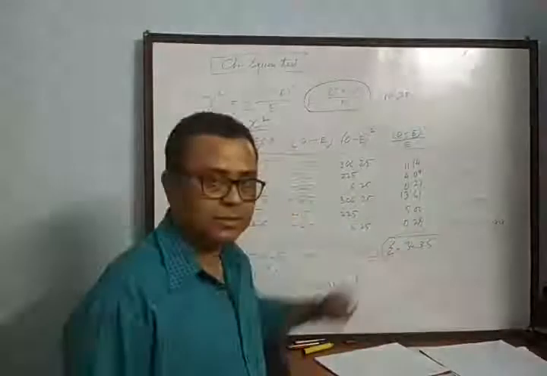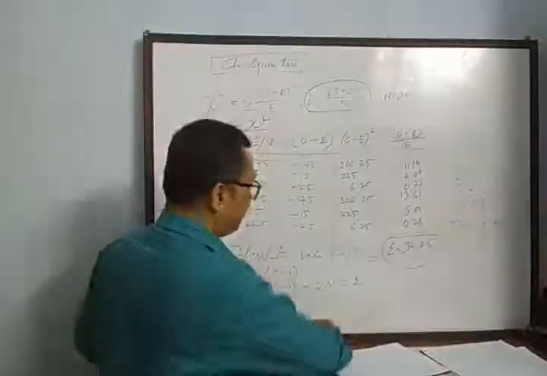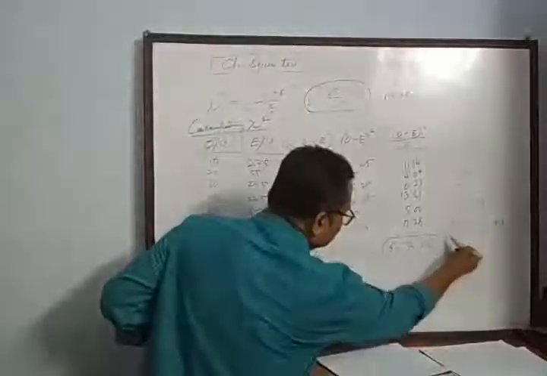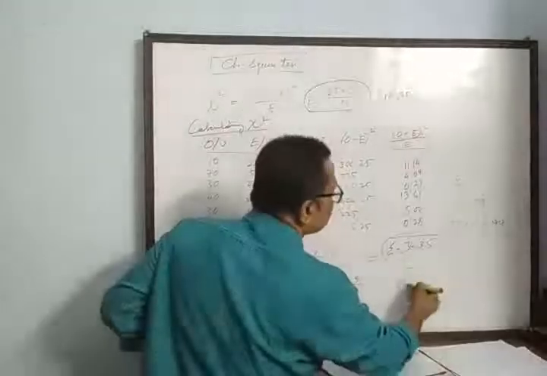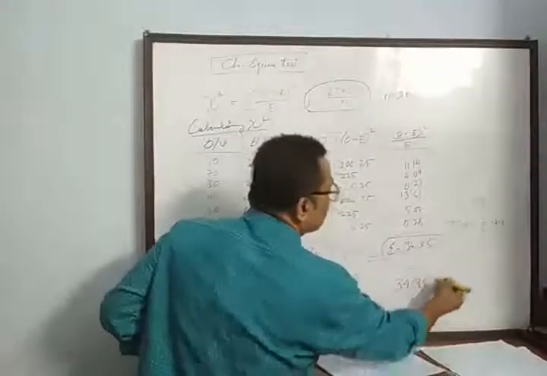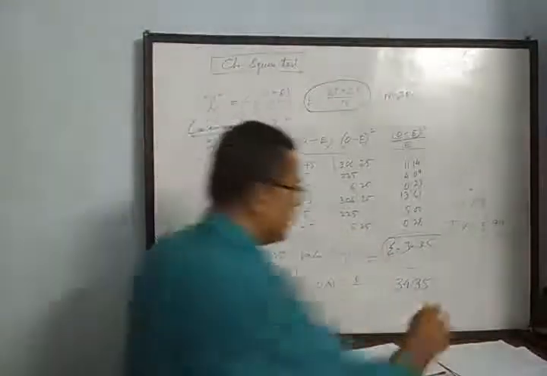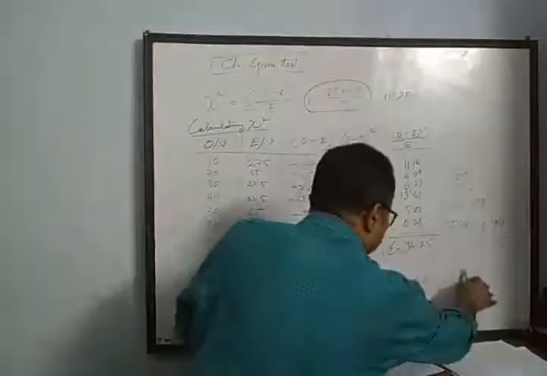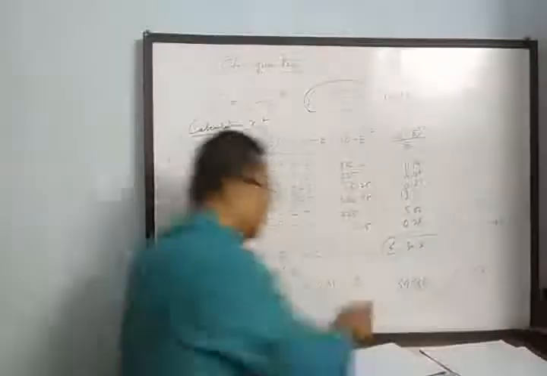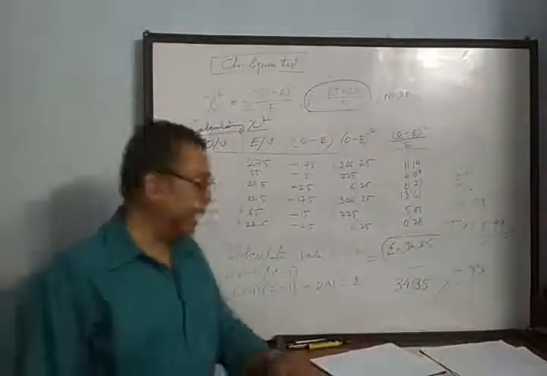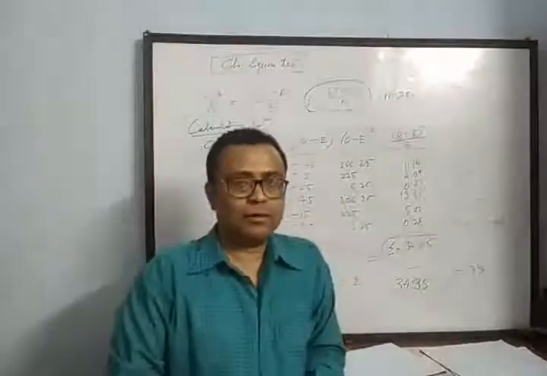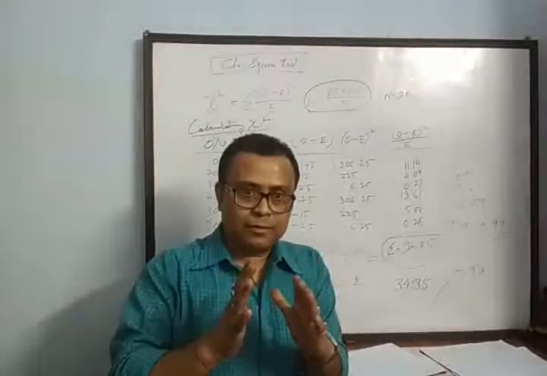But in this case, the calculated value is more than the table value. It means what? Null hypothesis accepted?